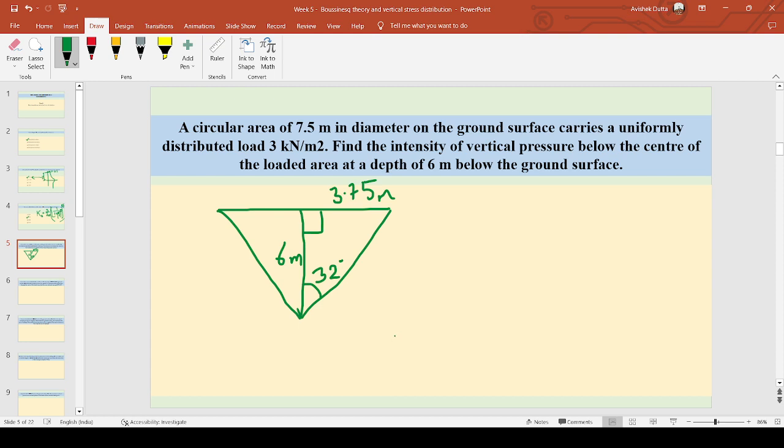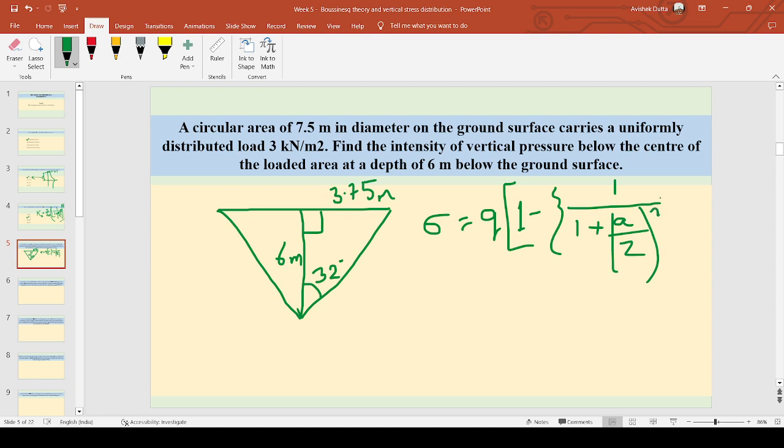Okay, now the basic equation of this kind of problem is sigma, that is the vertical stress at a depth z, equals q, that is the UDL, uniformly distributed load, into 1 minus (1 divided by (1 plus (a by z) whole square)) whole to the power 3 by 2.